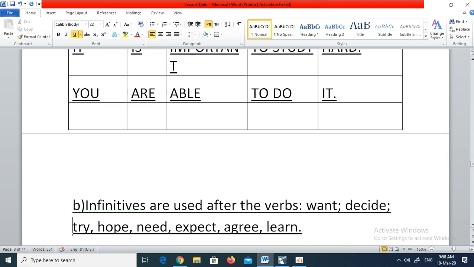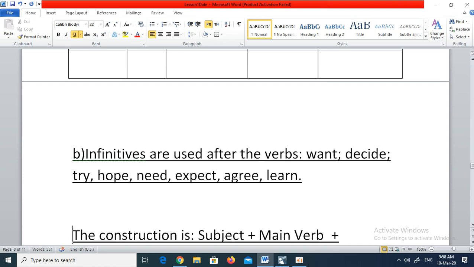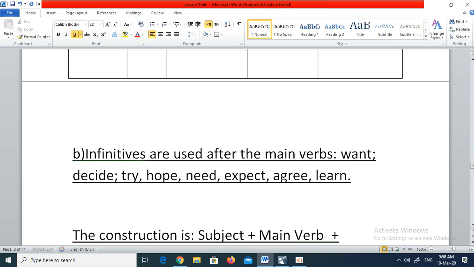The second use we are covering today is infinitives that are used after certain verbs. And the main verbs that we are using today are want, decide, try, hope, need, expect, agree, and learn.